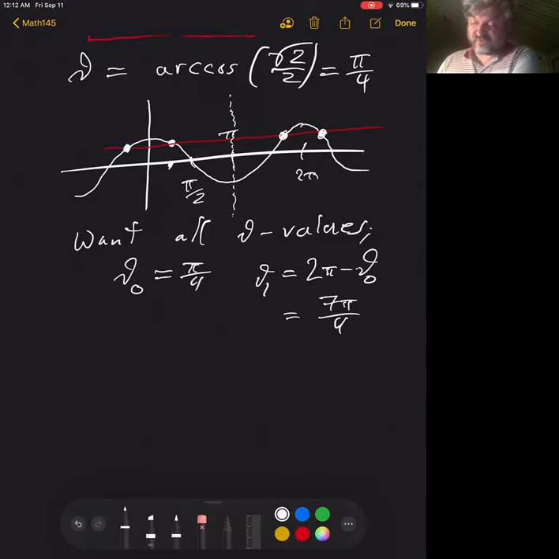Well, now we found two theta values, but where's all the rest? That is easy. This is just repeating the pattern every 2 pi. So you can add integer multiples of 2 pi.